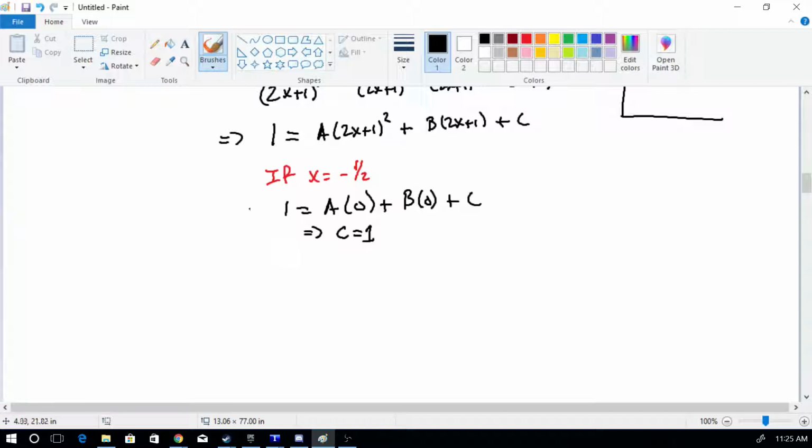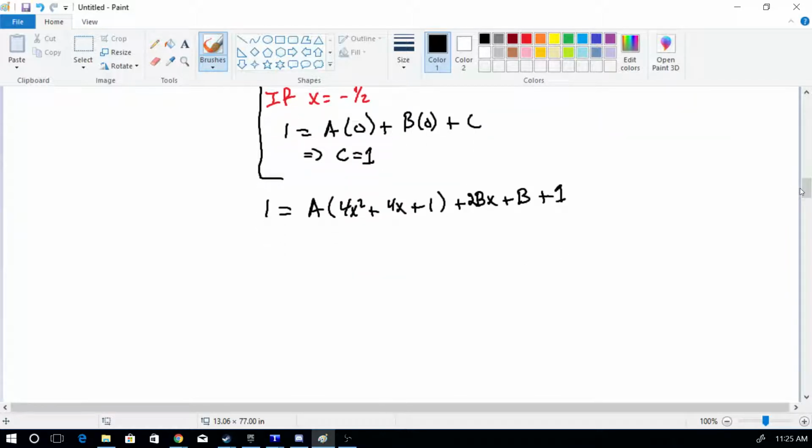So continuing on, 1 is going to equal A times (4x squared plus 4x plus 1) plus 2Bx plus B plus 1. Okay.